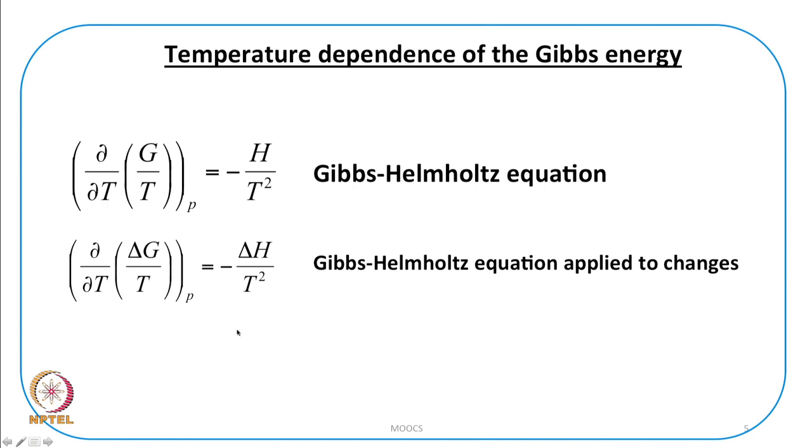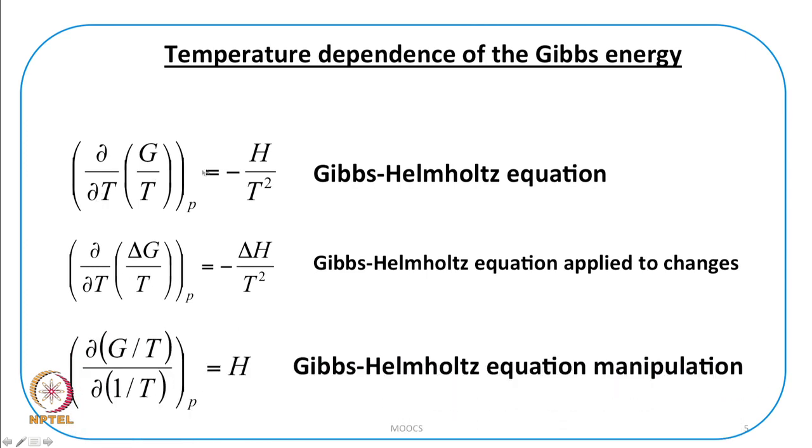One can manipulate this Gibbs-Helmholtz equation to express the derivative exclusively in terms of enthalpy. This is just a mathematical manipulation which you can try yourself. But what is important to note in this discussion is that the temperature dependence of Gibbs free energy gives very useful information.